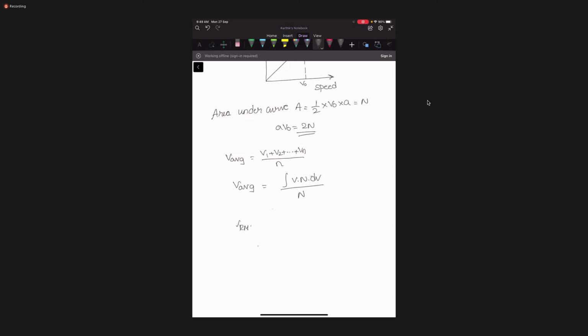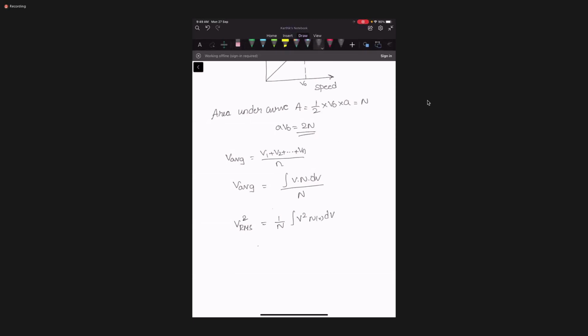VRMS square is equal to, what is your VRMS square? V1 square plus V2 square by N integral V square N of V dV. Because IRMS square is equal to, if you remember, integral I squared dt divided by integral dt, isn't it? The same one.